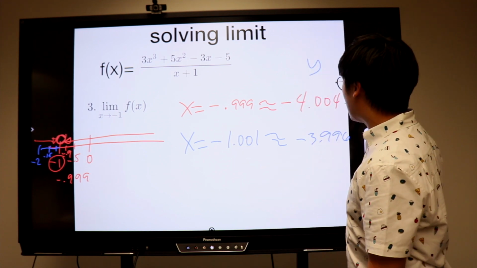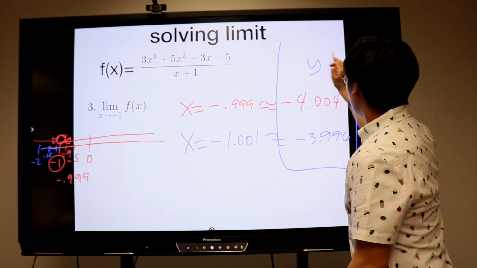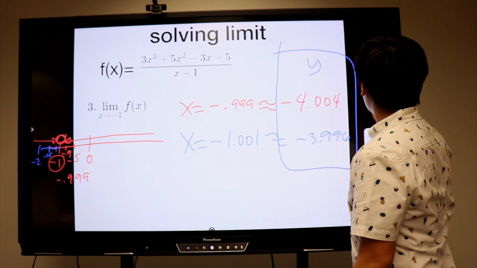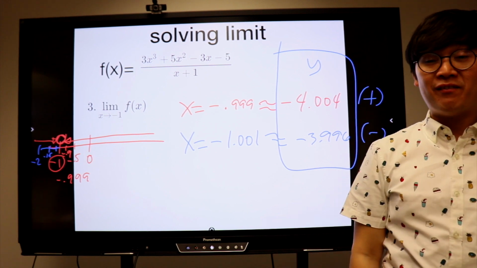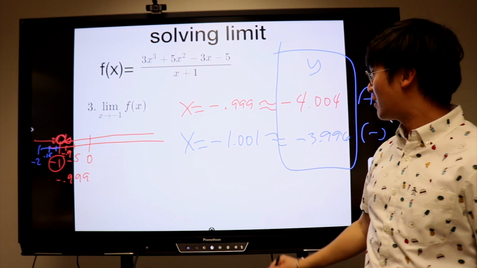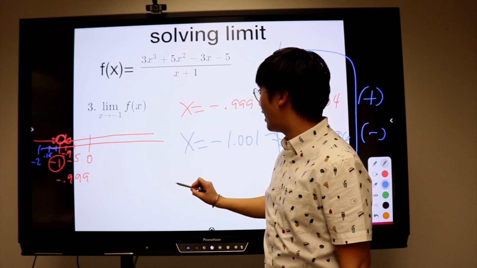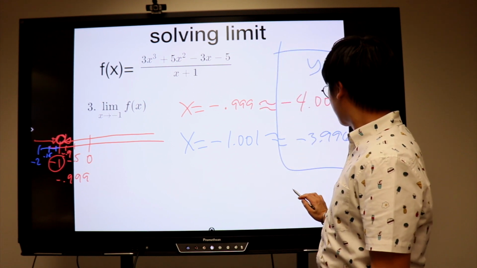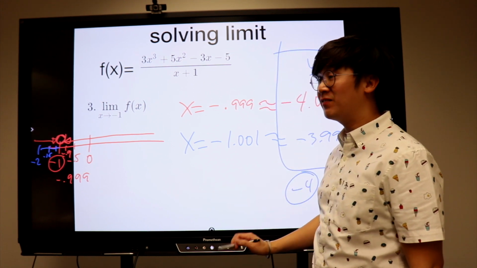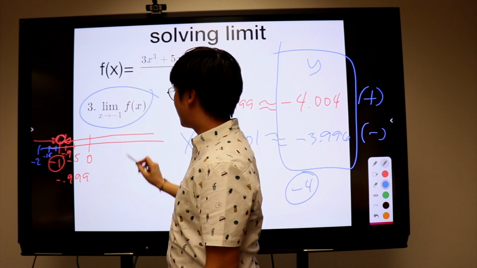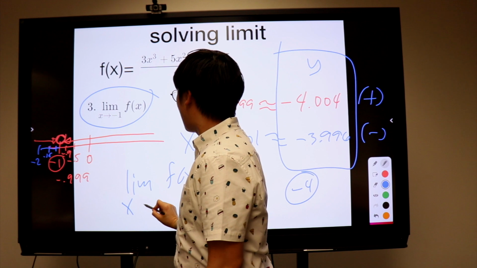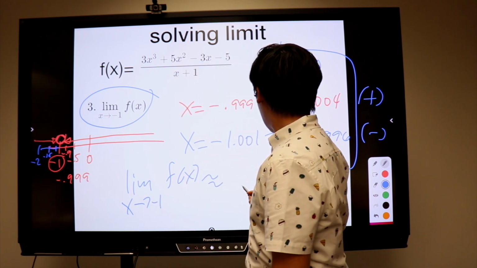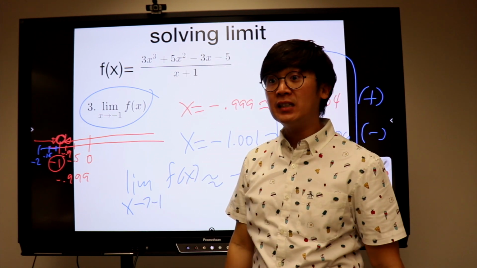So, what do you notice about the values of y coming from the positive side and coming from the negative side? Is it approaching the same value? Yes. And what do you think is the approximated value of the function? Negative 4. So if we're going to solve this, the limit of f of x as x approaches negative 1 is actually negative 4.